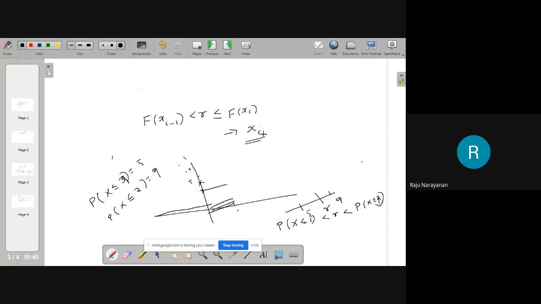I told you, corresponding to 0.3, so many values are there. Therefore, if F of x_i minus 1 is less than r, less than or equal to F of x_i, then we take x_i as the random value for the variable.